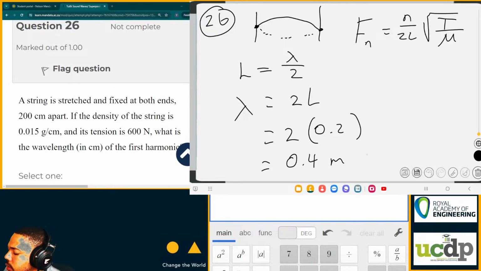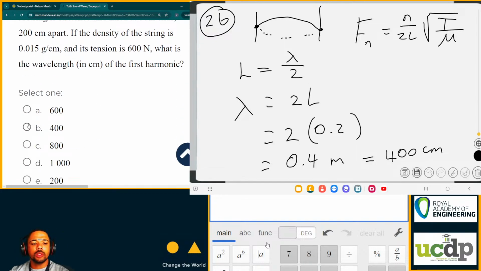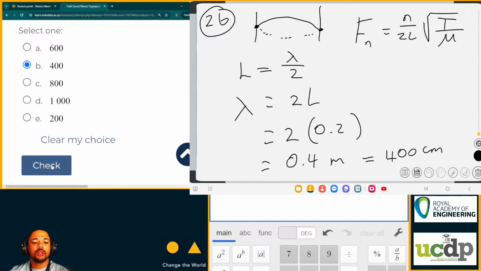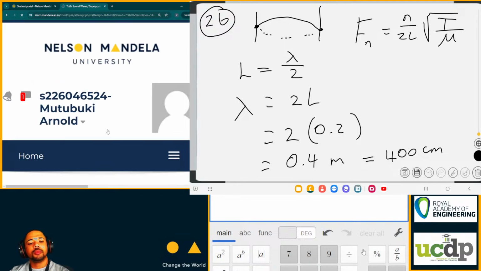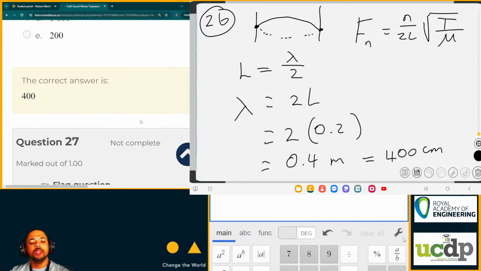It's the wavelength, or 400 centimeters, which I think is where they asked the question in centimeters. So 400 centimeters. Let's check. Yes, it is indeed correct.